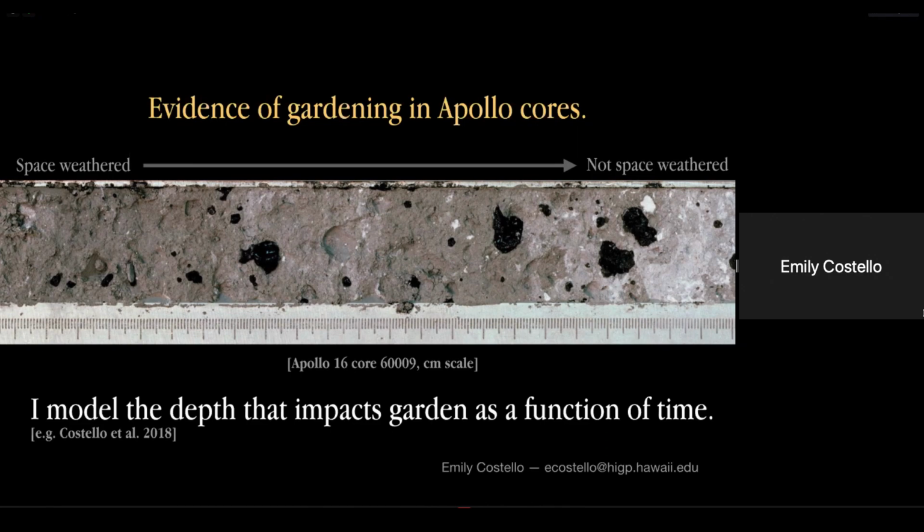This gradient of darker material to lighter material is the evidence of impact gardening, where space-weathered material has been churned and worked to depth, much greater than it could have been produced at. I have a model that describes the depth of this impact gardening zone as a function of time. The parameters that I put into the model are a cratering rate and some Poisson statistics.